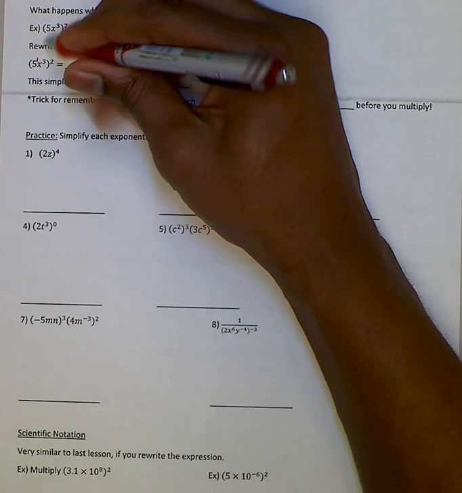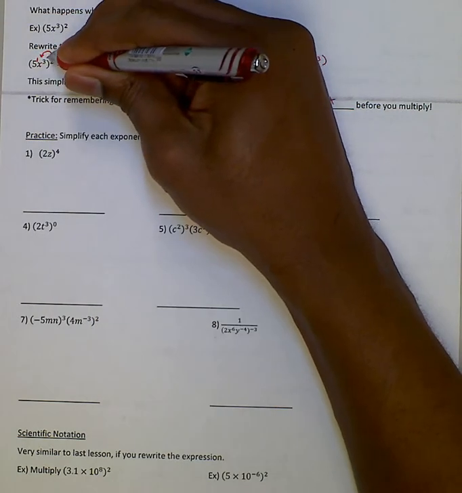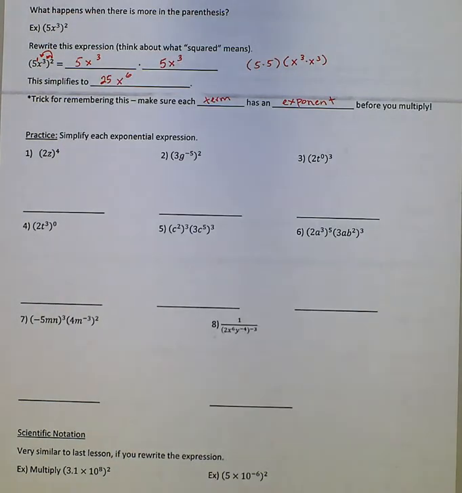What we're going to do is distribute, like I've been saying, the exponent on the outside to the exponents inside. 5 squared times x to the third squared. So x to the 6th.